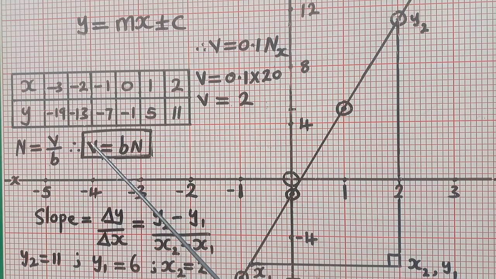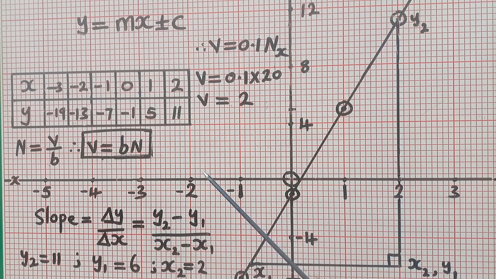Again, we recall that the value of any place along any axis is v is equal to bn for all kinds of straight line graphs, where b stands for the value of one box and n stands for the number of boxes that must be counted from origin to locate the value v which you are looking for.